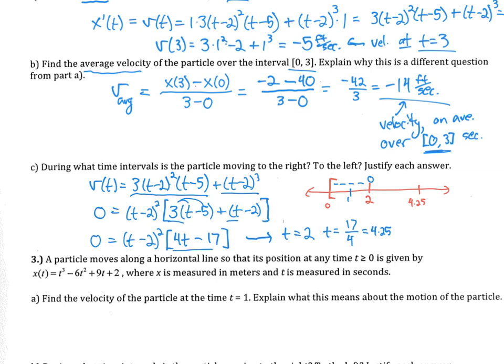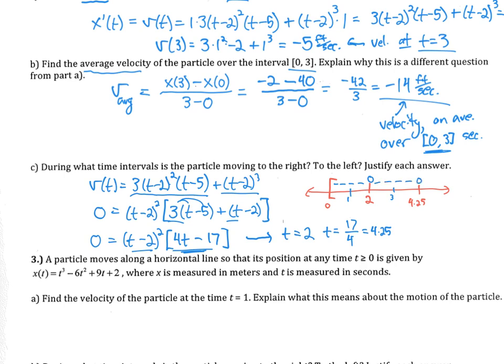And then if I plug in a number between these, say 3, I plug 3 into t minus 2, we get 1. We square it, it's positive. And if I plug 3 into 4t minus 17, I get 4 times 3 is 12. Minus 17 is negative, so a positive times a negative is another negative.